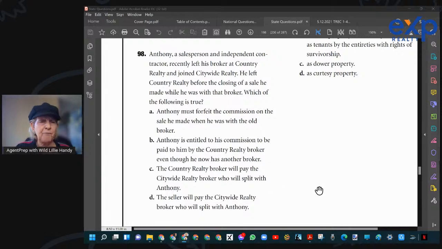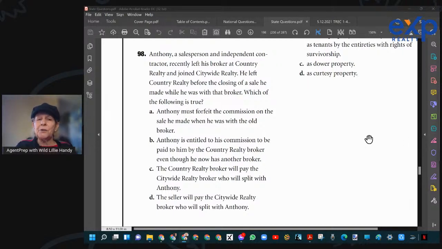So far, I have B. Anthony moves to another brokerage, but he had a transaction active with his first brokerage, right? Remember, all contracts, all listings belong to the broker, whether somebody dies or moves. However, we still earn our commission. So yes, the answer is 98B.